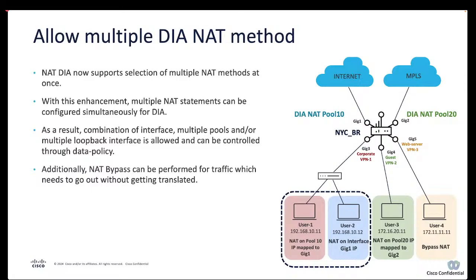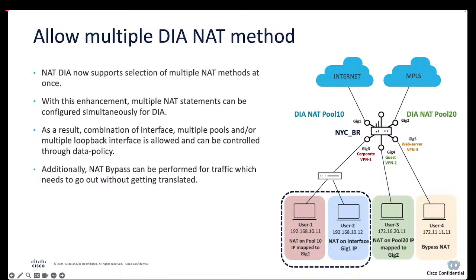So again, you can create a centralized data policy with a rule, and as a result, user 1 traffic accessing Office 365 will be translated to NAT pool 10 and exit through the gig 1 interface, right? And user 2 traffic will be translated to NAT pool 20 and exit through the gig 2 interface, right?